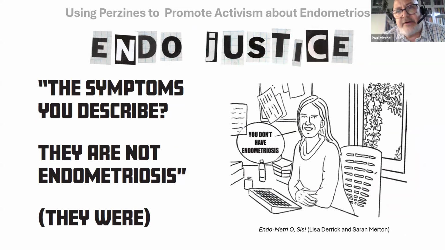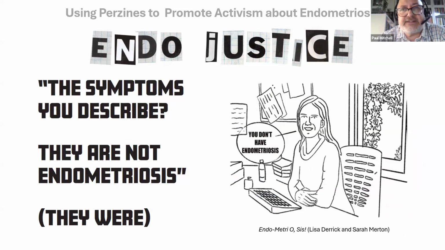So, for example, when Lisa Derrick sought medical help for her excruciating pain, she was dismissed by a female doctor who insisted her symptoms weren't those of endometriosis. Yet rather than accept this verdict, Lisa turns the encounter into an opportunity to democratically question medical authority.